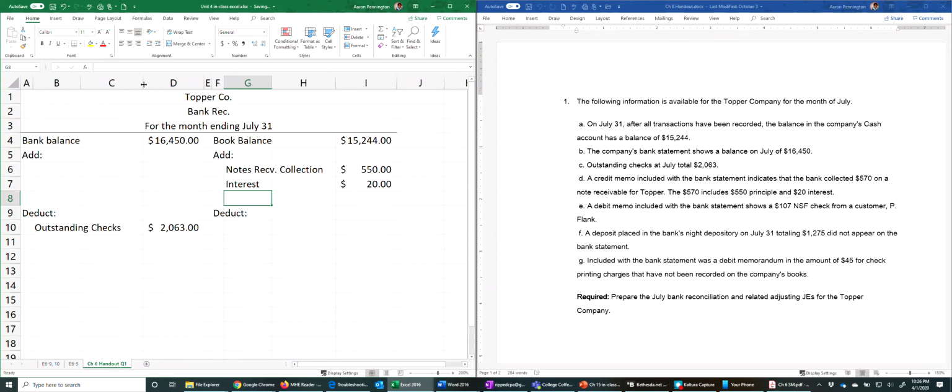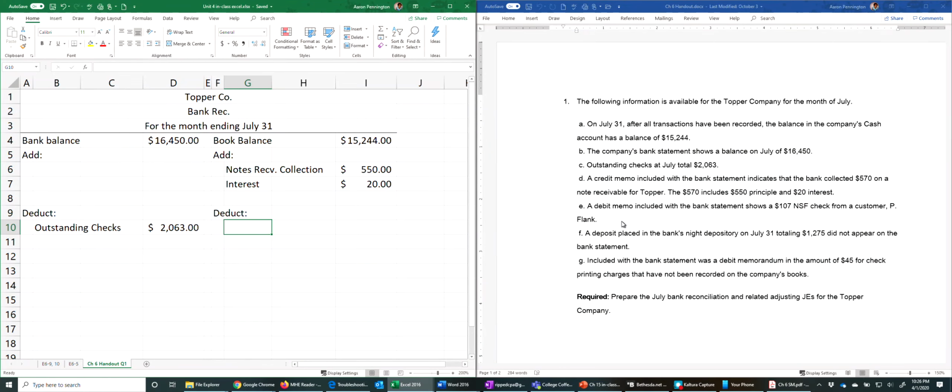We're on to E, debit memo. If a credit memo is the bank telling you they've added to your account, then a debit memo says that something has been subtracted from the account. E says the bank statement shows a $100 check from customer P Flank.